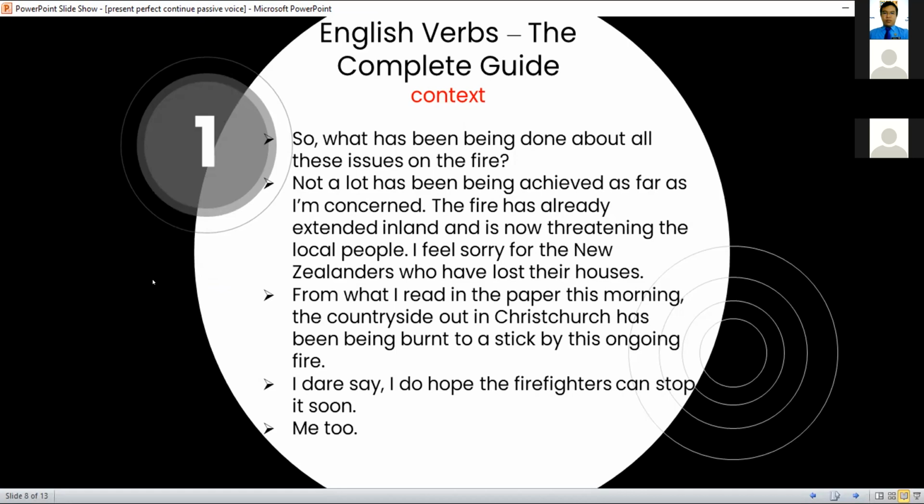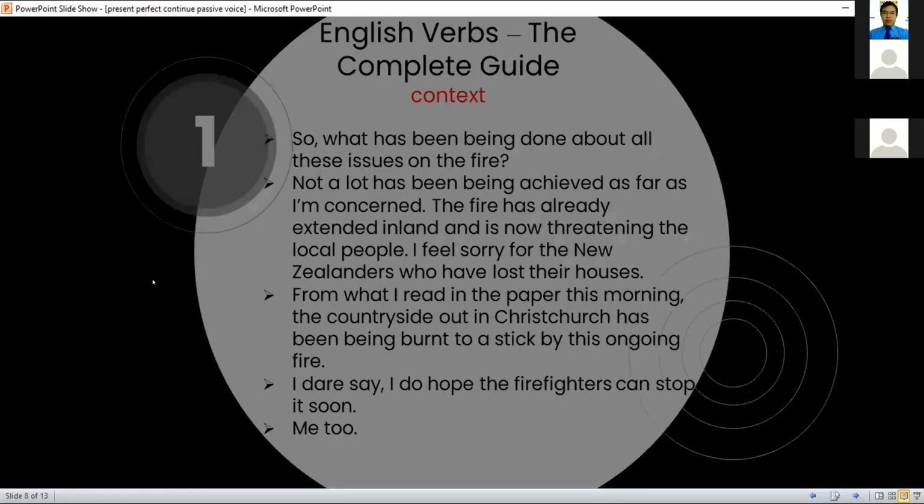I feel sorry for the sailors who have lost their houses. From what I read in the paper this morning, the countryside has been burned to a stick by the ongoing fire. I daresay I hope the firefighters can stop it soon. Me too. Next slide, please.